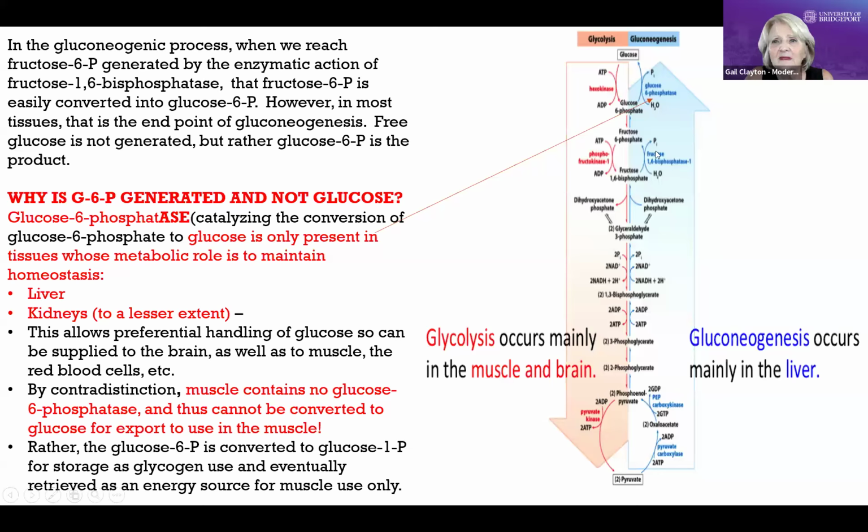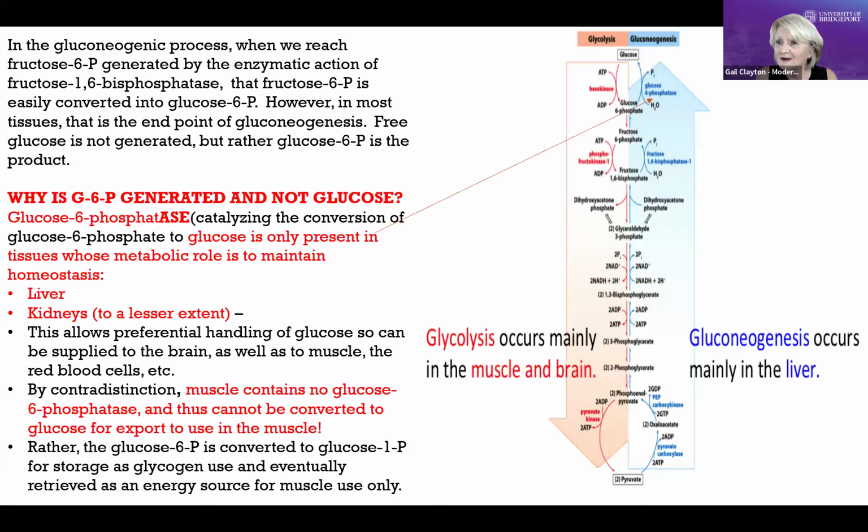And that fructose 6-phosphate is easily converted into glucose 6-phosphate. So in gluconeogenesis, we don't make glucose directly, and there's a reason for that. Glucose 6-phosphate is pretty much the end product of gluconeogenesis. And you might wonder, well, why aren't we just making glucose?